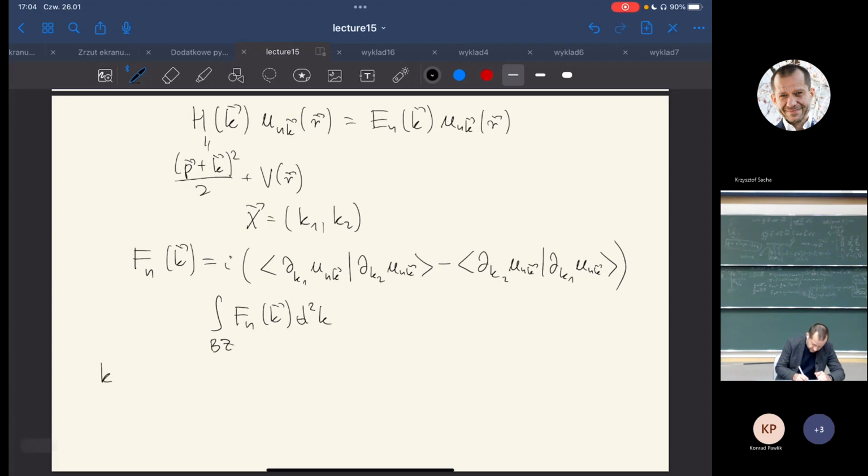We know that if we take the quasi-momentum K and the quasi-momentum where we add a certain Bravais vector in the reciprocal space, these two vectors are equivalent.